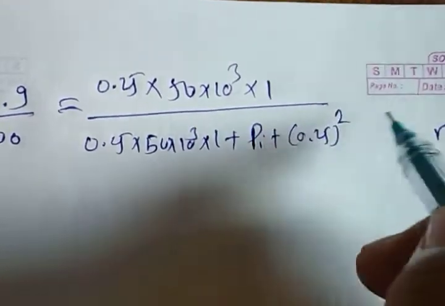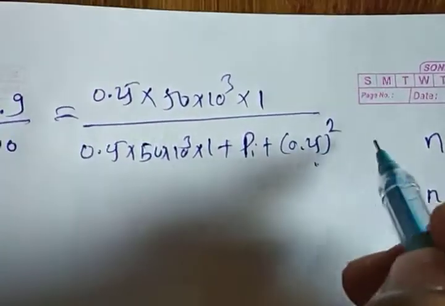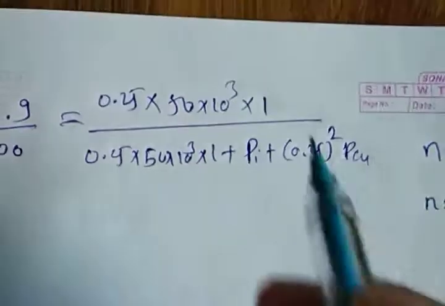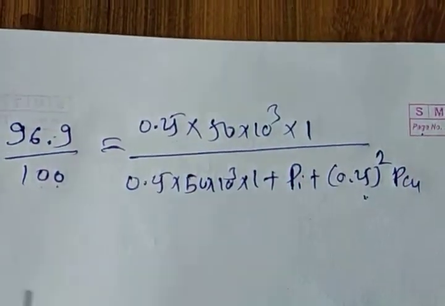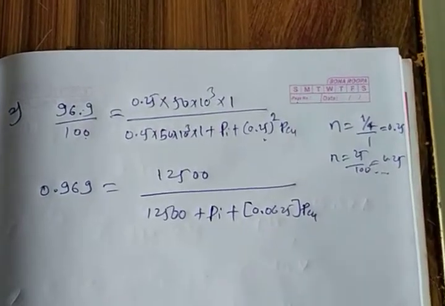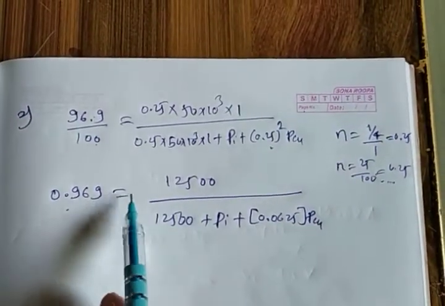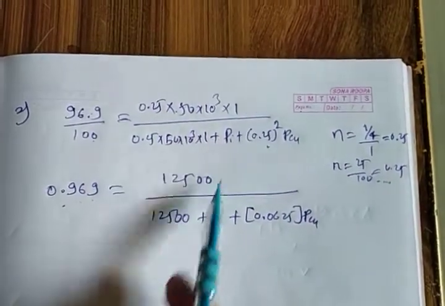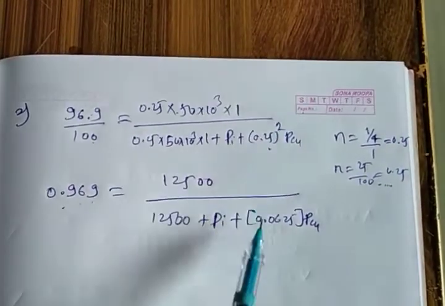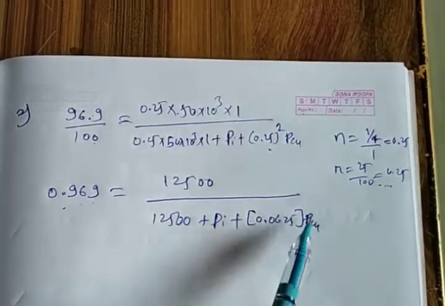The formula is n square, meaning 0.25 whole square, into PCU. Into 100 is already taken care of here, so 96.9 by 100 gives 0.969. The numerator is 12,500, Pi as it is, and 0.25 whole square means 0.0625 PCU as it is.